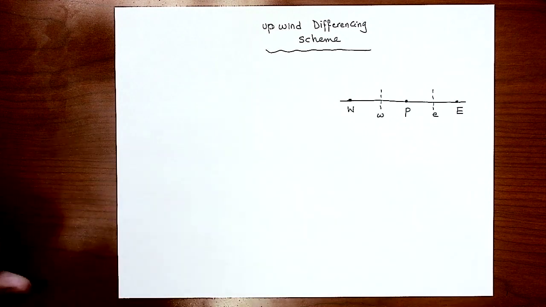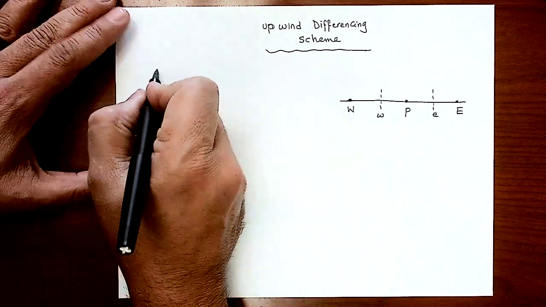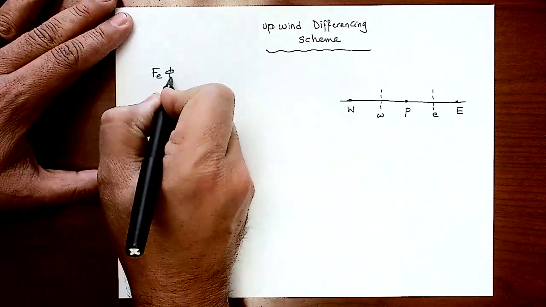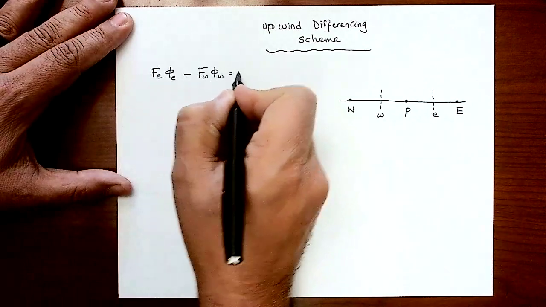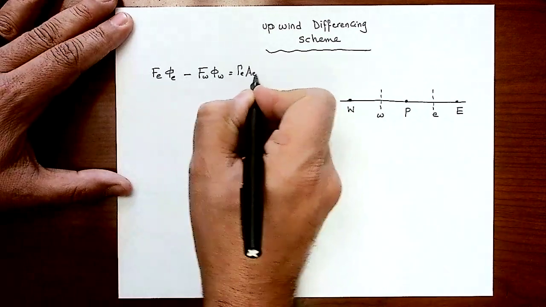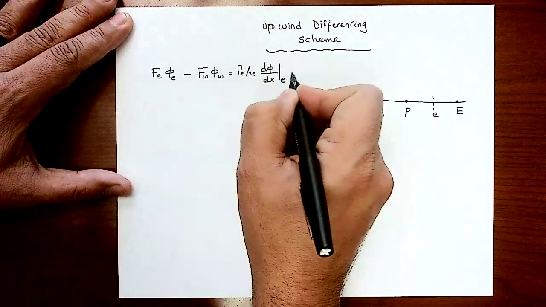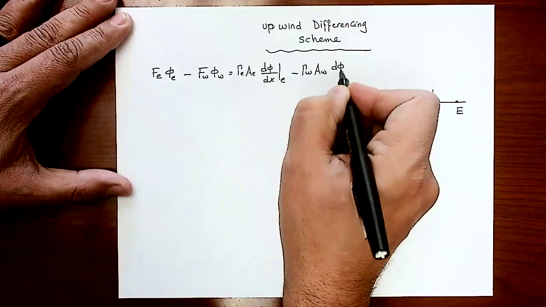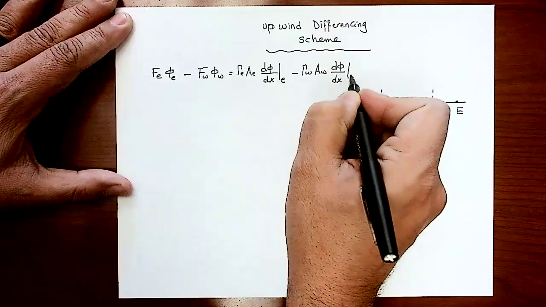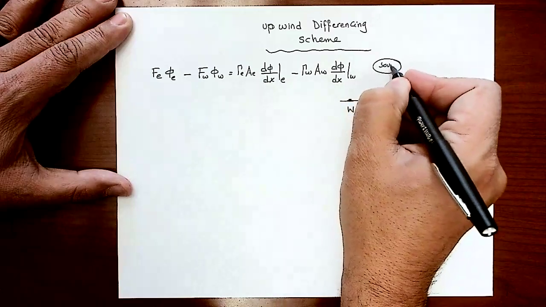So let's look into that scheme and how to solve the problem. Again, the general equation that we need to solve is F east phi east minus F west phi west equal to kappa east A east d phi by dx on the east face minus kappa west A west d phi by dx on the west face, and you may or may not have the source term.